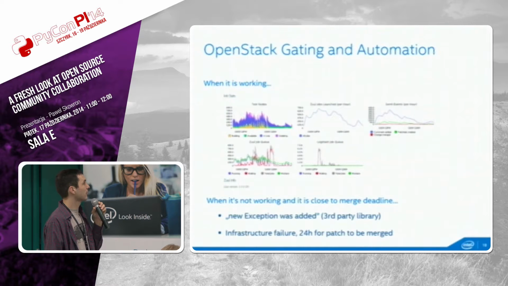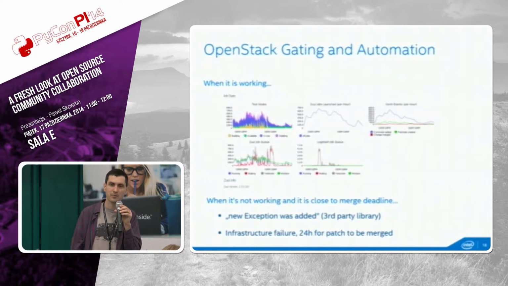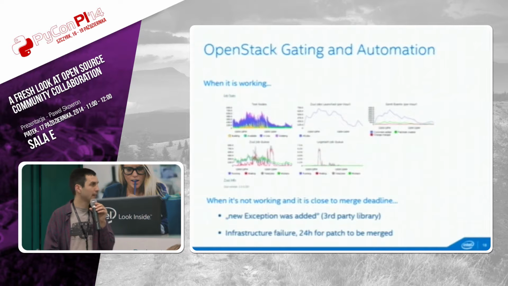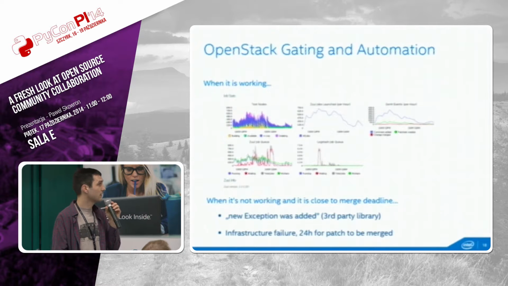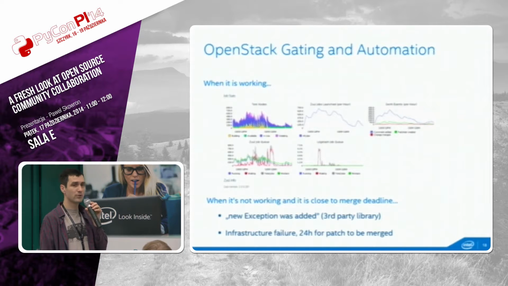When it doesn't work, like we experienced 1 or 2 months before merging our feature, and then we had some new exception. I will say a few words about it in the next slide. And we came across an infrastructure failure. What does it mean? OpenStack has about 800 nodes to make automated tests, and during the failure, half of them were working.